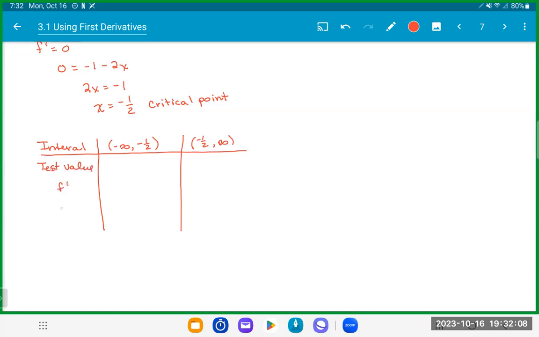I'm going to do my first derivative and see what the result of that is. On my first interval, I can pick a test value of x equal to -1. For my second interval, I will pick x equal to 0, because I always try to choose 0.